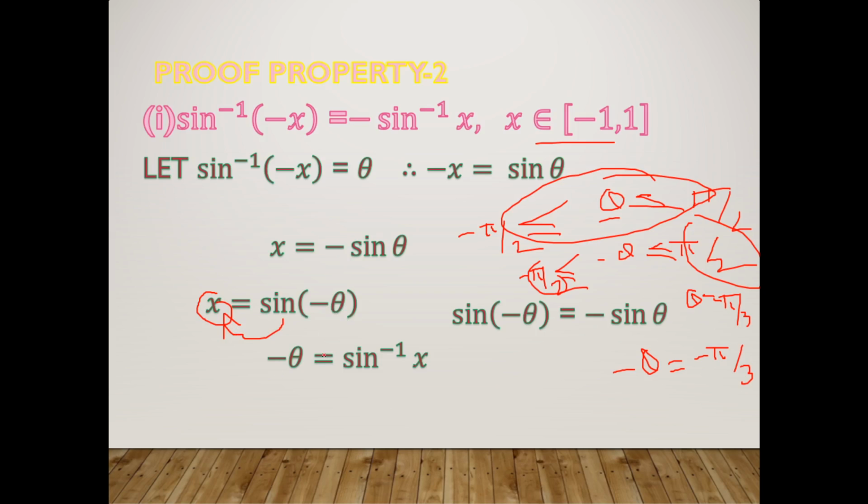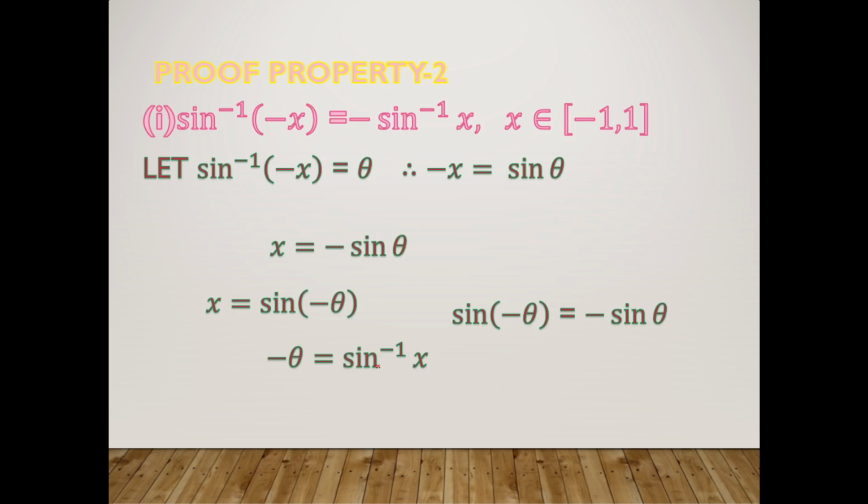That's why minus theta becomes sine inverse x, because x is the domain of the sine inverse function, so minus theta must be in the principal range of the sine inverse function, that is minus pi by 2 to pi by 2. Okay, so here we have proved minus theta is equal to sine inverse x, right?